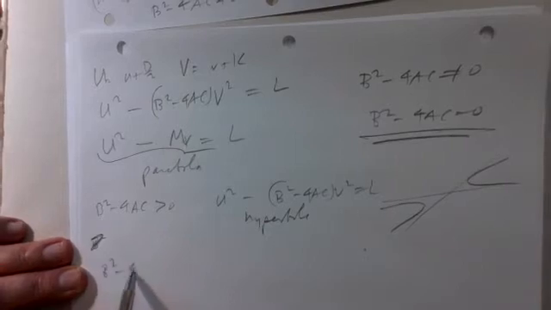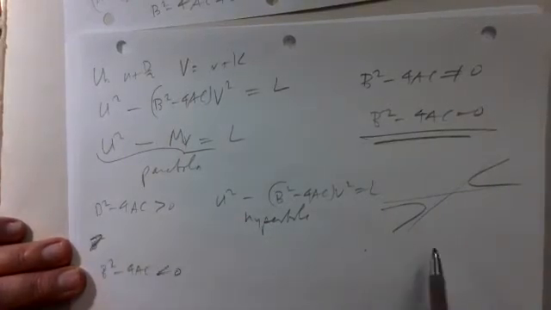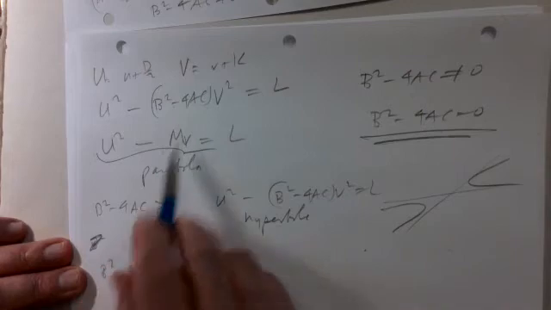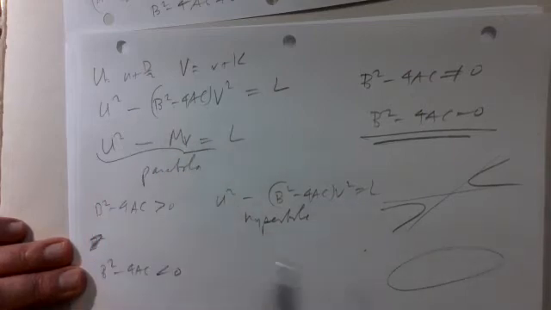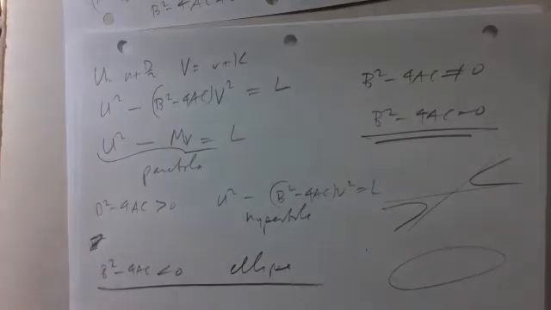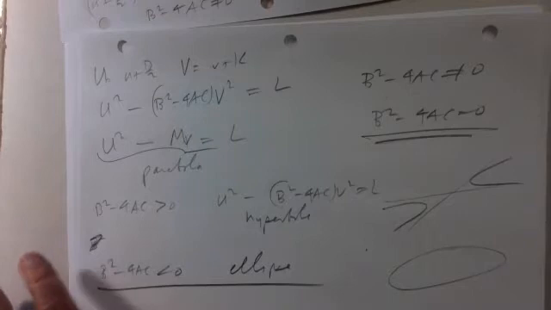And if b squared minus 4ac is negative, when you graph this equation in the plane, you get an ellipse. So this is the origin of the classification of second order linear PDEs.